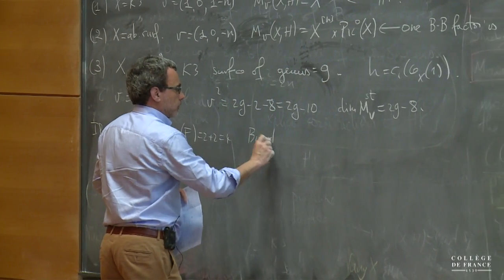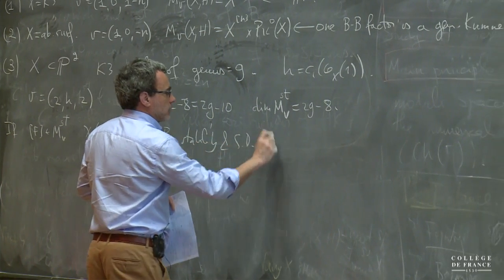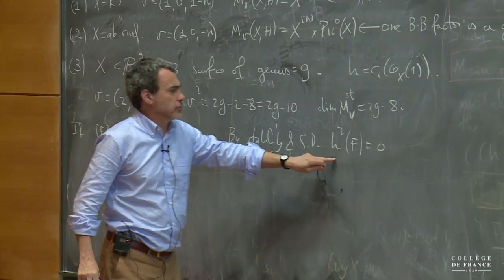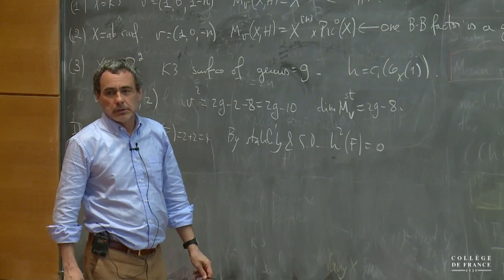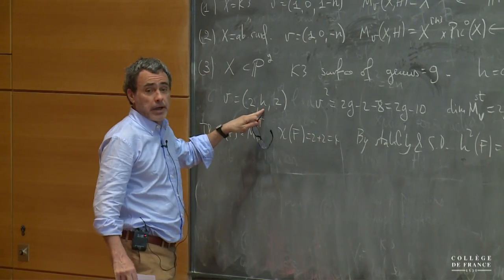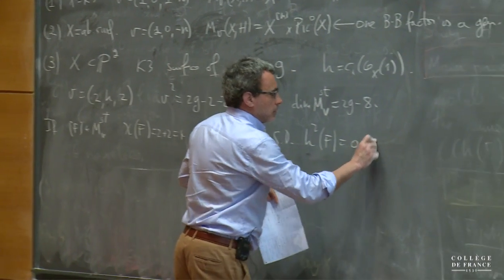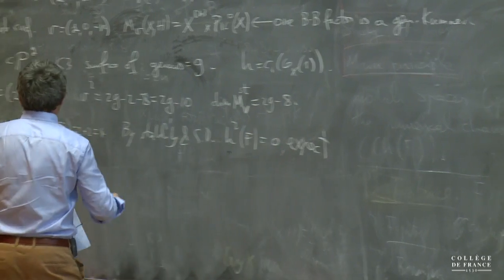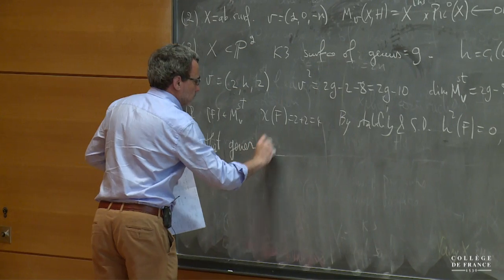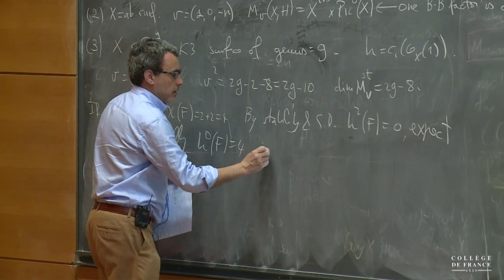By stability and duality, H^2 of F is 0, because H^2 of F is the same as H^0 of F dual. You cannot have sections of F dual because c1 of F dual is minus H, so there's no section. So expect that generically H^0 of F is 4.